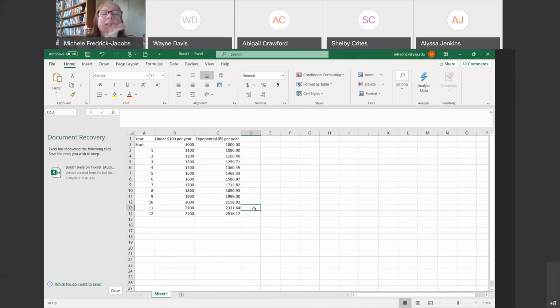I'll have to see why it's not doing that. I'm not sure why. I have a Mac, so I can't necessarily right click. Oh, maybe that's why. Maybe, let me see something. There's like a box that says cells at the top where your home says.